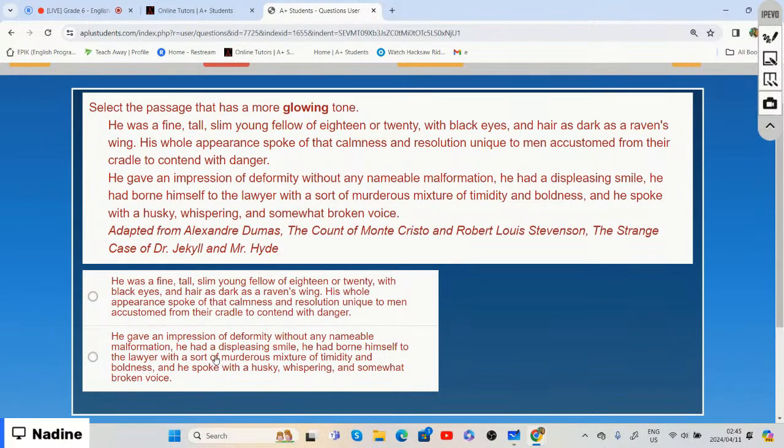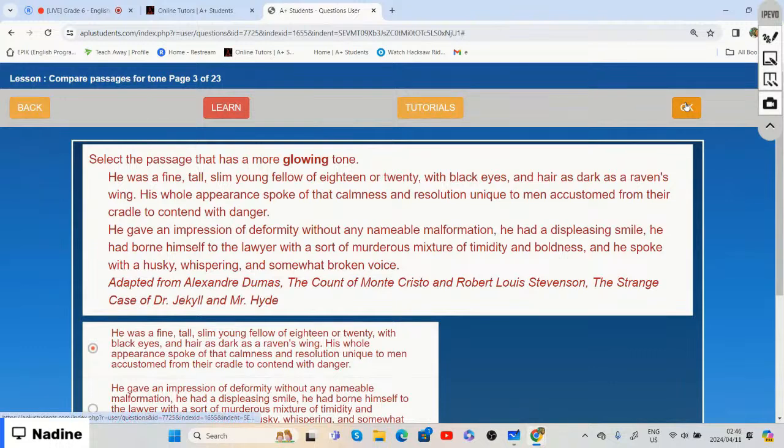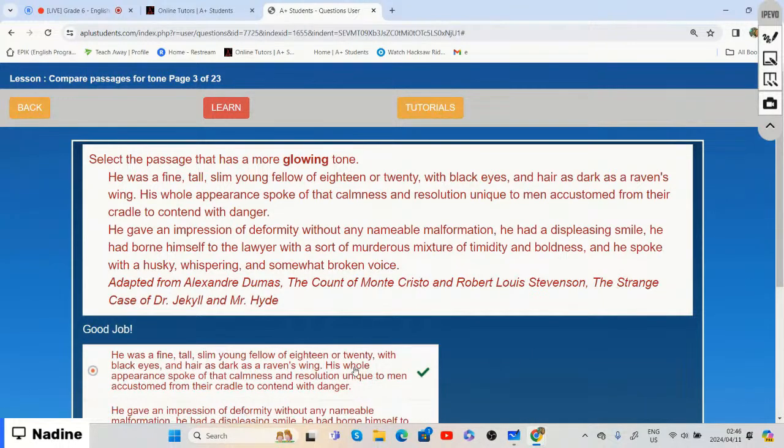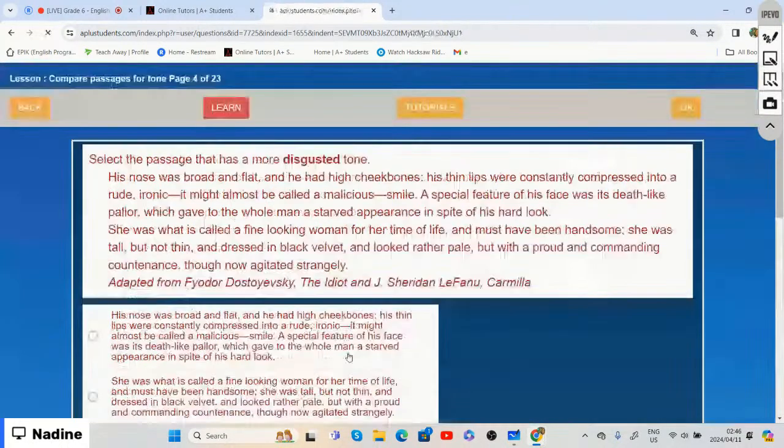He had a displeasing, actually a pleasing tone. He had a displeasing smile. He had borne himself to the lawyer with a sort of murderous mixture of timidity and boldness. Let's go with this one, and the first one is correct.